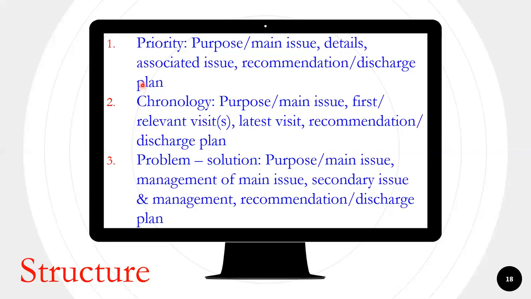How would the case or the situation be managed? That depends on what you need the intended reader to do for the patient. That becomes the management of the main issue. Then secondary issue and management, then recommendation and discharge plan, and then you move to the conclusion. All these 3 are okay.